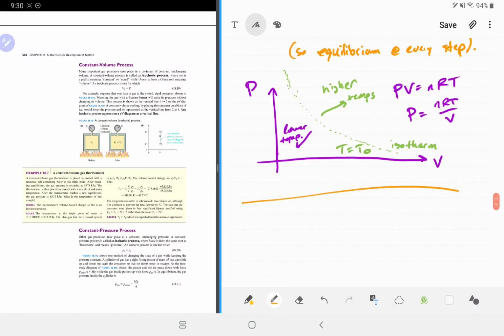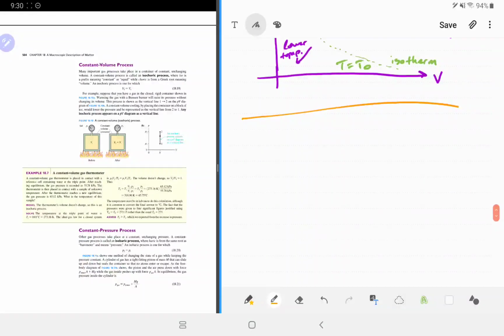We have three state variables that we're interested in, P, V, and T. So the three processes arise from holding one of those three things constant and seeing what happens with the other two. There's one more. If you've taken chemistry, you know that there are actually four that are common. We're going to hold off on adiabatic processes until the end of next chapter or chapter 20. It'll be a while before we get into that one because it involves heat capacities. We're going to have to say a lot more about heat capacity to study that one in detail.